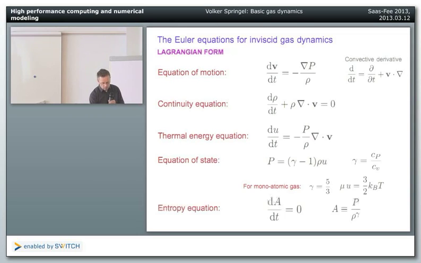There is one more conservation law actually. You can show that from these equations it follows that something, what we call the entropy, is also conserved. And the entropy, you can show this for the thermodynamic entropy or for some related quantity A, which I define here as the pressure over rho to the gamma, the so-called entropic function. This is easier to work with, and also this is often used in X-ray astronomy.